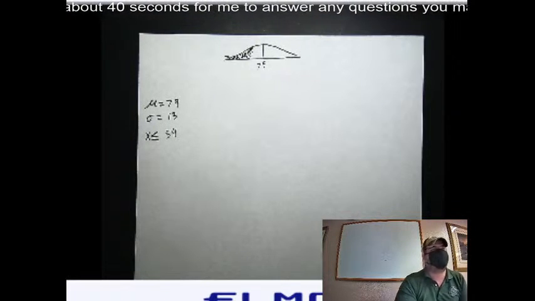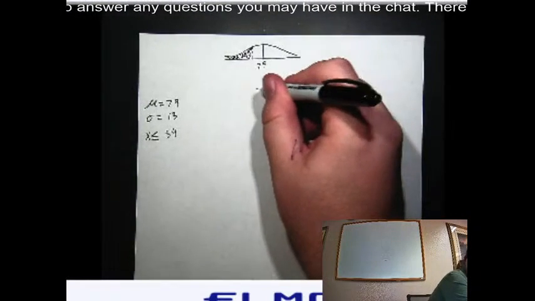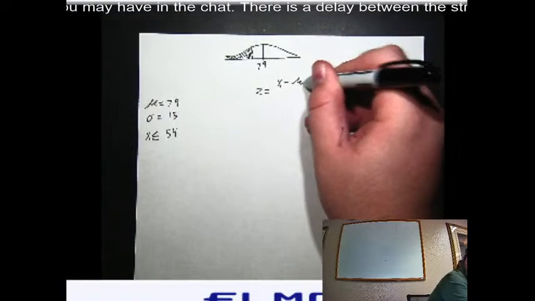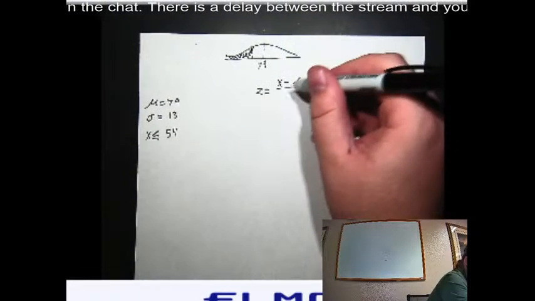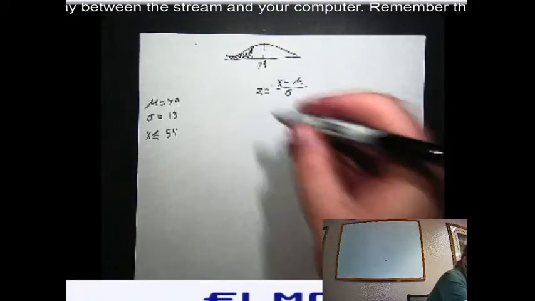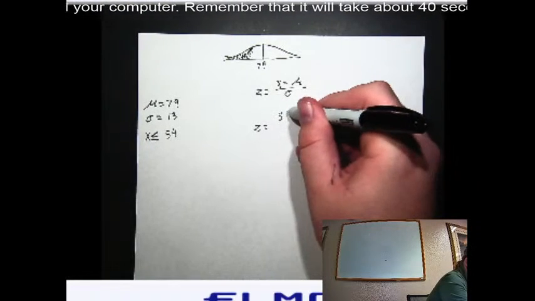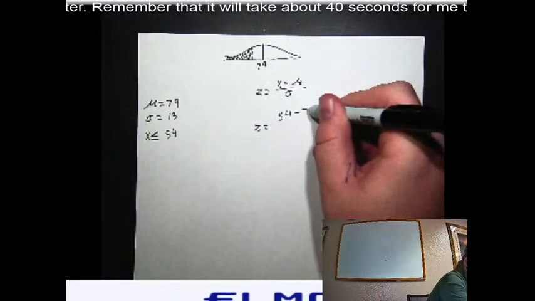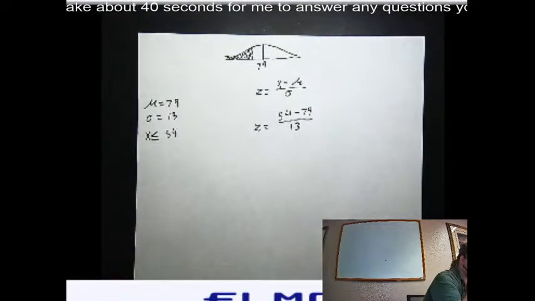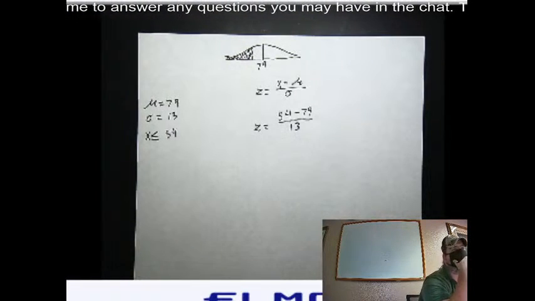Now, is it calculated any differently just because we're below the mean? Actually, no. It's the same formula. Z equals x minus mean over standard deviation. So we'll go ahead and plug these numbers in. 54 minus 79 over 13. Is that going to come out to be positive or negative?